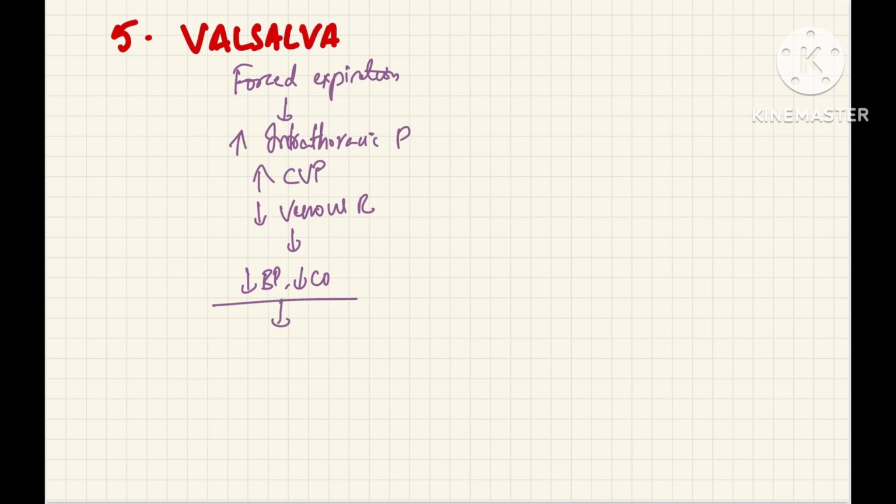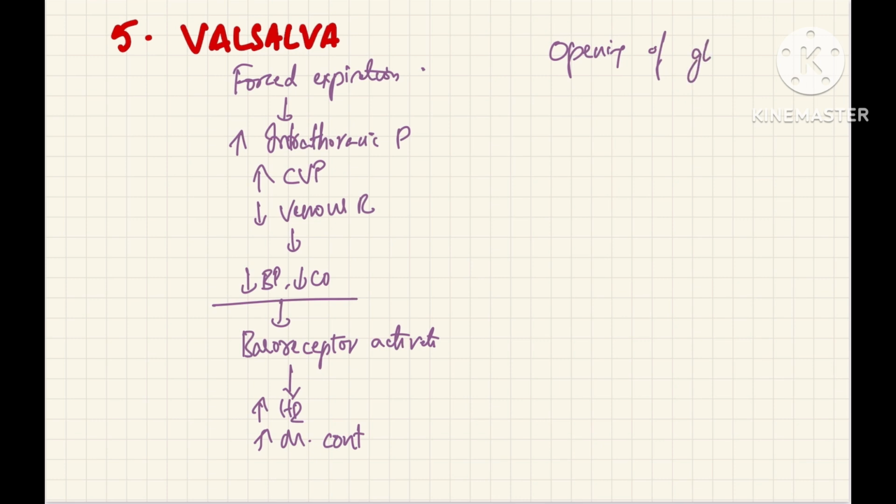At this moment, the baroreceptors activate and there will be sympathetic stimulation leading to increased heart rate and increased myocardial contractility. After the closure of the glottis, there will be opening of the glottis. Here, there will be increased venous return, increased myocardial contractility, and increased blood pressure.